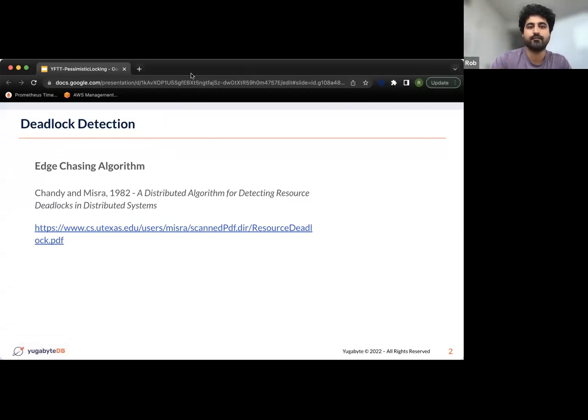Yeah, I just want to shout out briefly. Our deadlock detection algorithm is inspired by this paper, and we'll talk a little bit more about the details of our approach in a moment. But it's worth noting that this is what's called an edge chasing algorithm, as opposed to what in the literature is referred to as a path pushing algorithm.